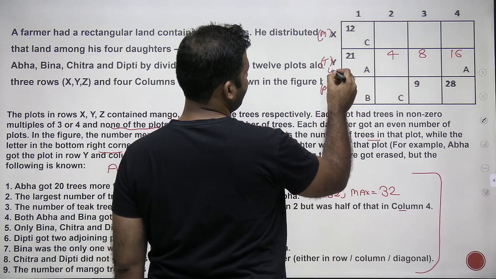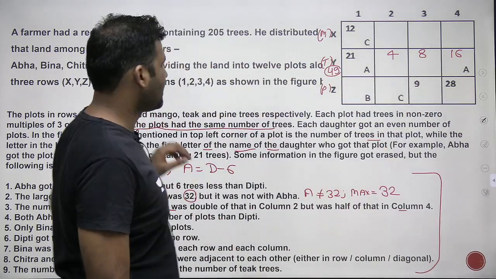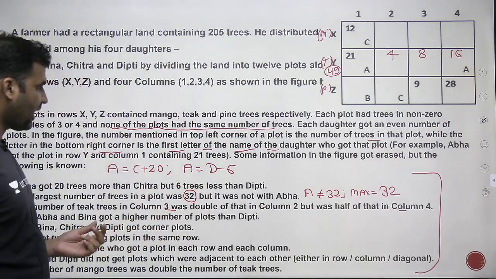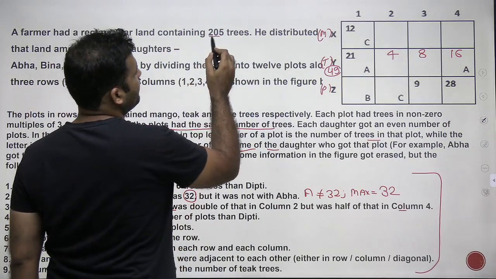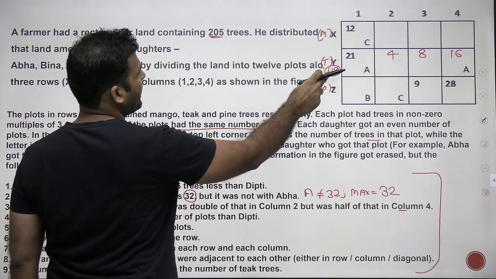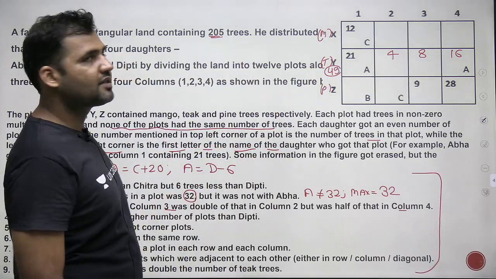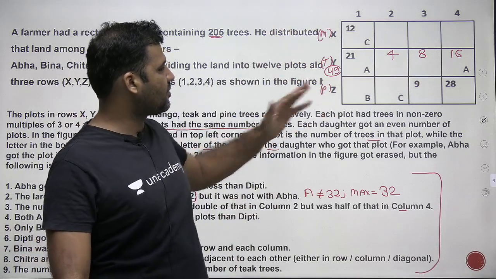So this is having 49 trees in total. And the total number of trees, as per the question, is 205. Out of it 49 are here. So I'll be left with 156 more trees, which will be coming in rows X and Z.